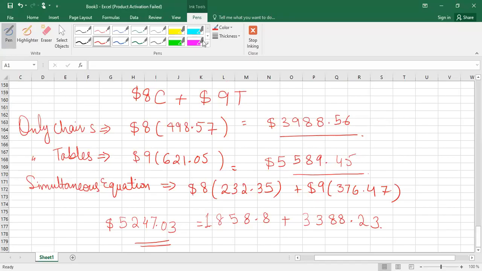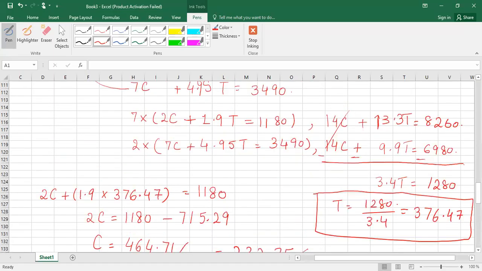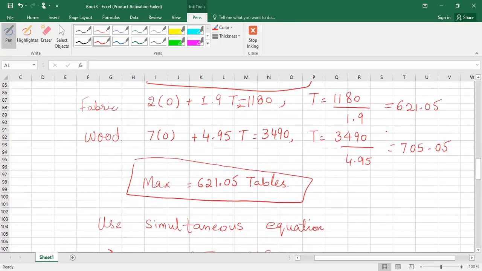This is not impossible, but we should recheck if we are in the actual exams, whether we picked the right value. Yes, we picked the right value: the lowest number can be produced, or we divide 1180 by 1.9 again and find the right value.